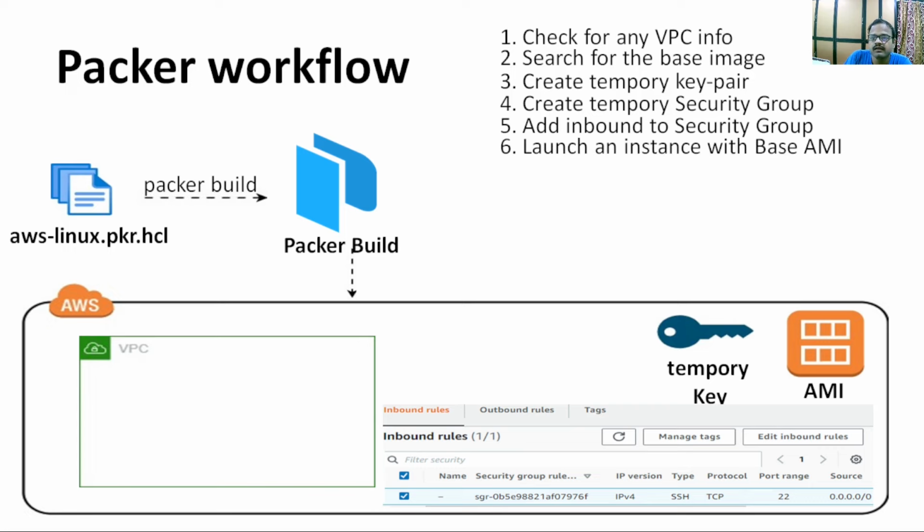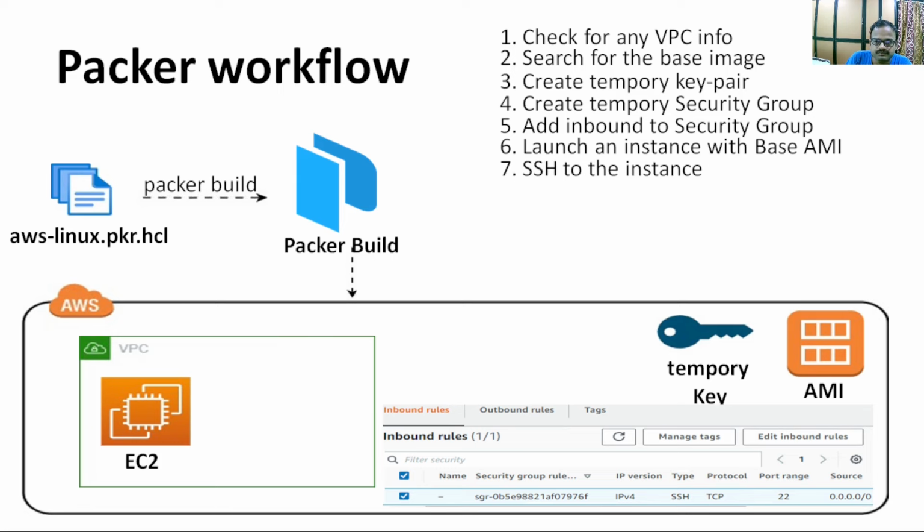Then it will launch an instance with the base image we have obtained from AWS Marketplace. Once the instance is up and running, it will execute some commands to build the image.